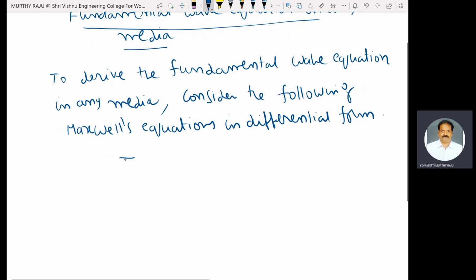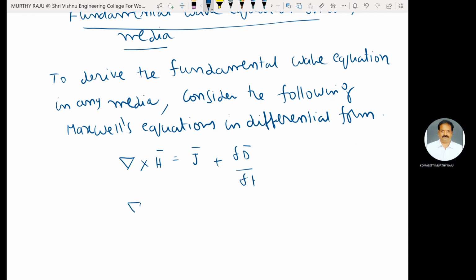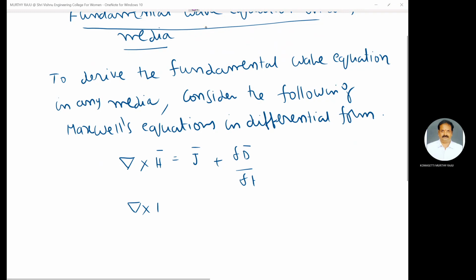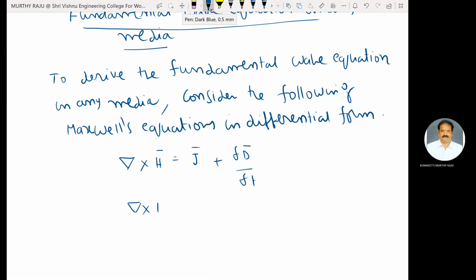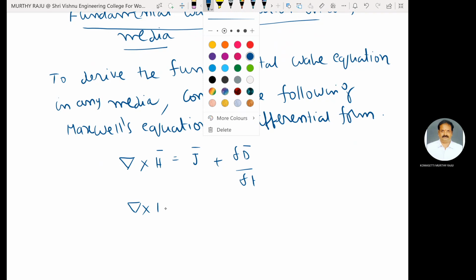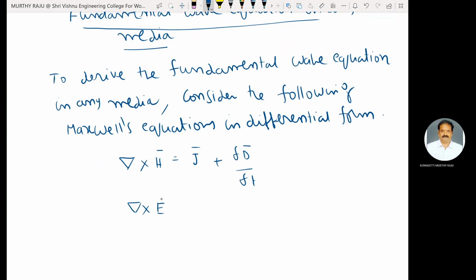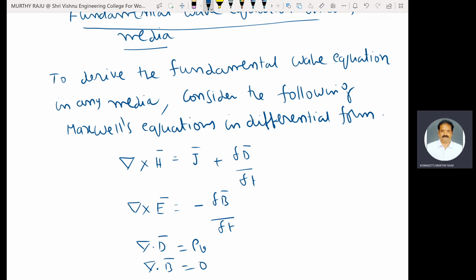Del cross H bar is equal to J bar plus dou D bar by dou T. Del cross E bar is equal to minus dou B bar by dou T. Del dot D bar is equal to rho V. Del dot B bar is equal to 0.